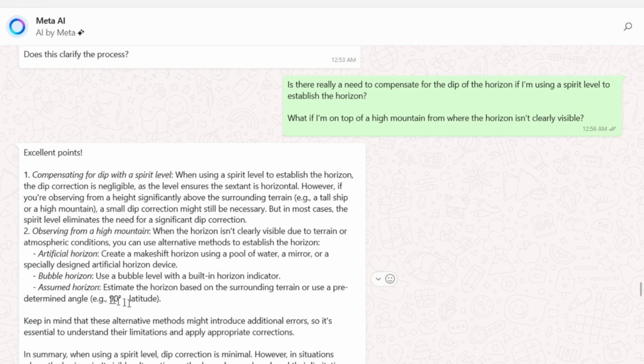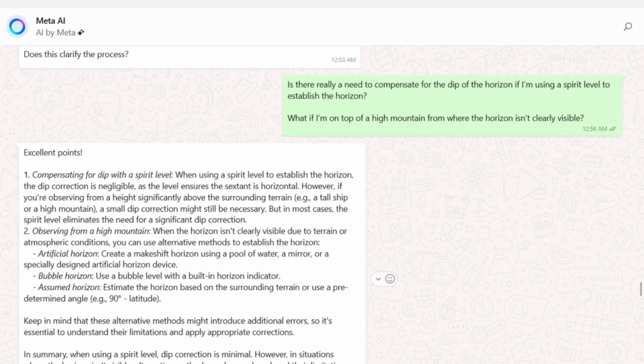Assumed horizon. Estimate the horizon based on the surrounding terrain or use a predetermined angle, example 90-degree latitude. Keep in mind that these alternative methods might introduce additional errors, so it's essential to understand their limitations and apply appropriate corrections.